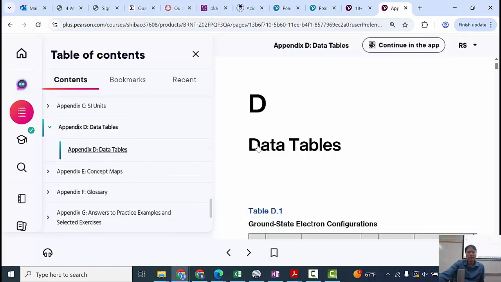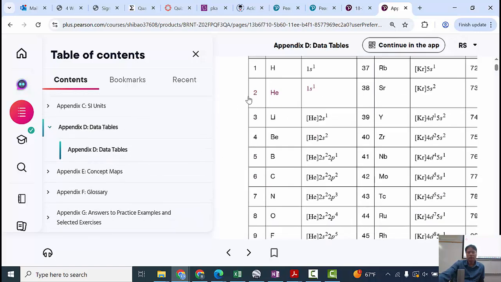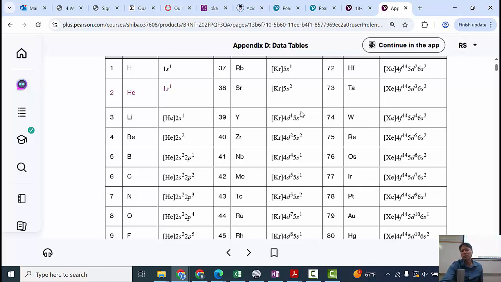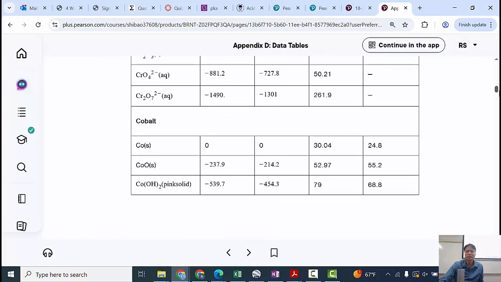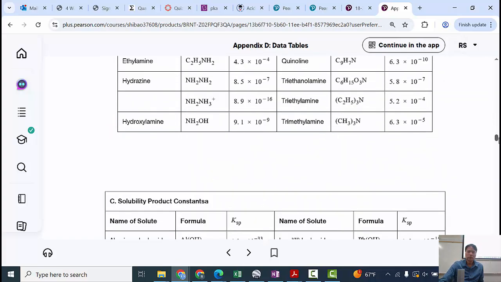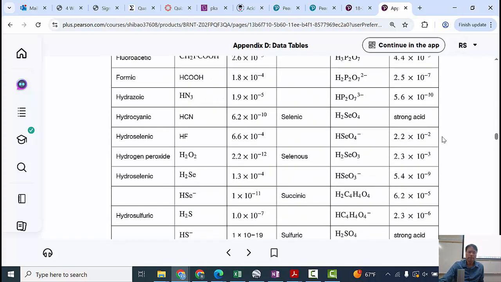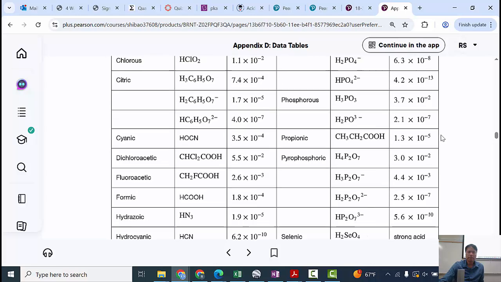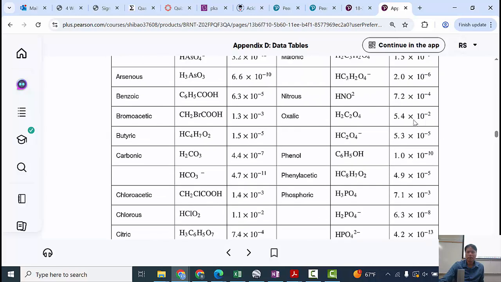Appendix D, I wish they broke it into different sections, so they group all the tables together. 5.3 times 10 to the minus 5. As I recall, the book in the classroom chart was 5.9 times 10 to the minus 5.